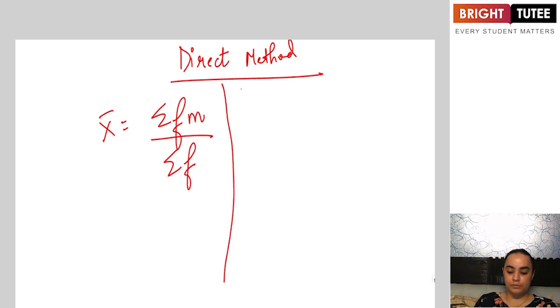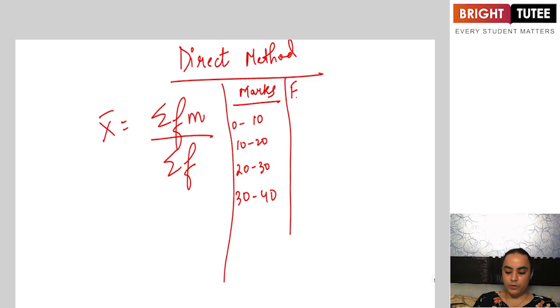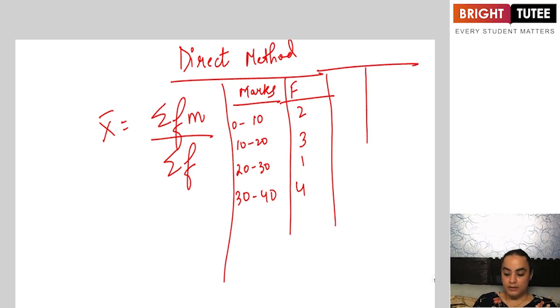For example, marks, frequency, the middle value, 5, 15, 25 and 35.